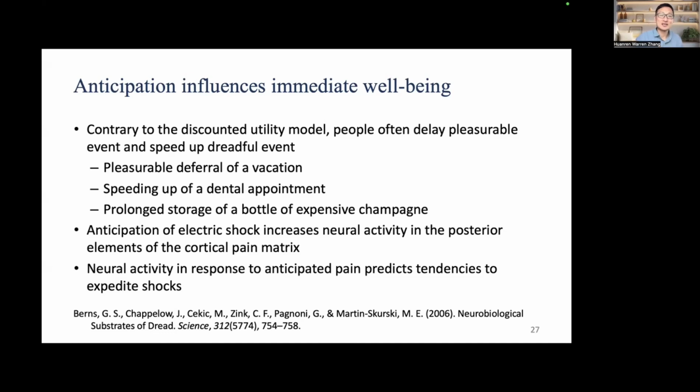So that's how anticipation would influence immediate well-being. It has been demonstrated that anticipation of electric shock increases neural activity in the posterior elements of the cortical pain matrix, right? So only the anticipation of the pain could cause you pain. Neural activity in response to anticipated pain predicts the tendency to expedite shocks.